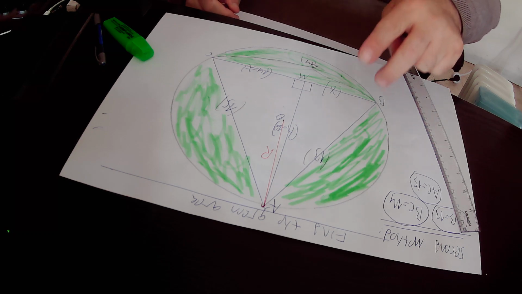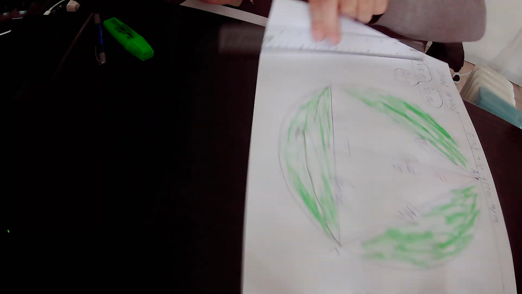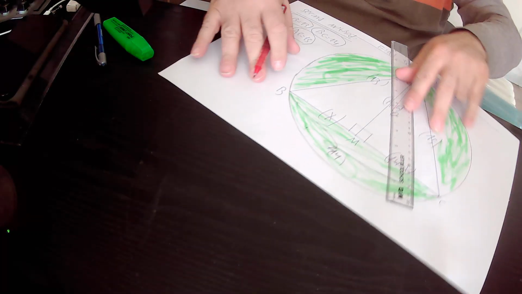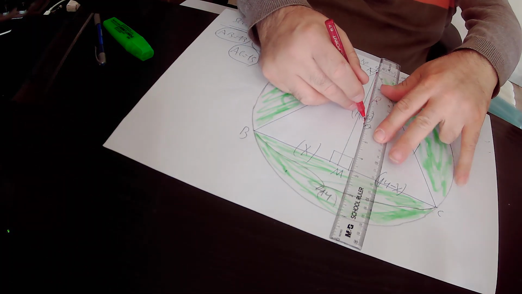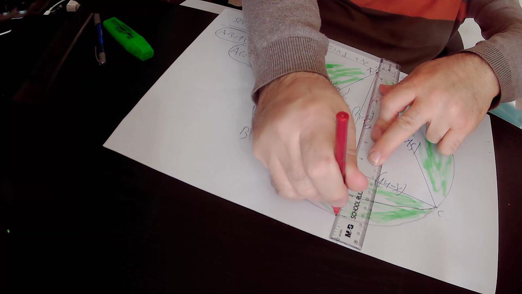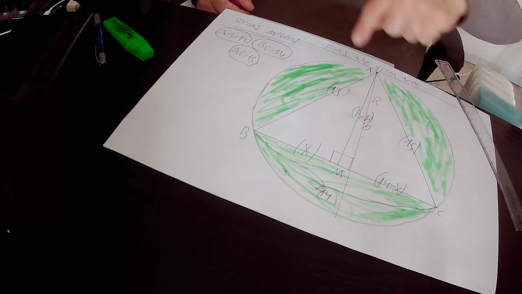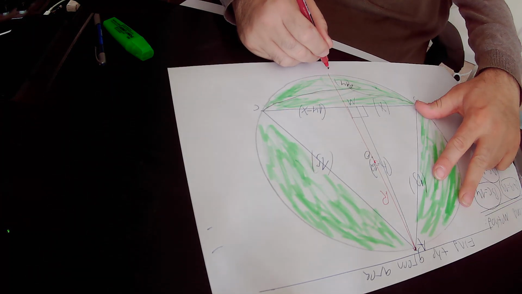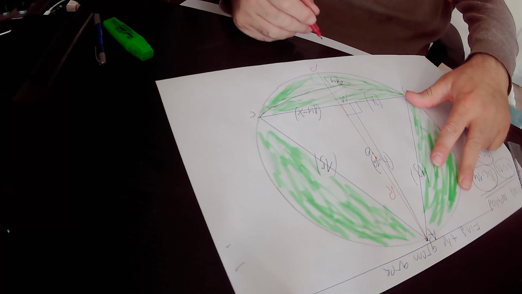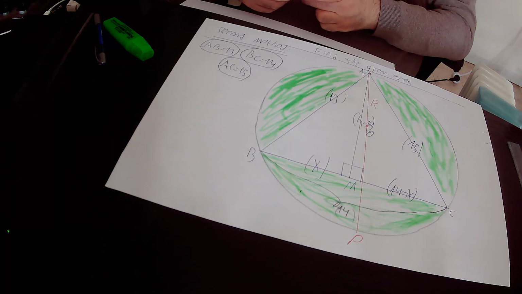In the next step, we will extend the radius OA by a straight line until it touches the circle. And we define the touching point of the extended radius AO and the circle as point P. OA as a radius is absolutely a straight line.